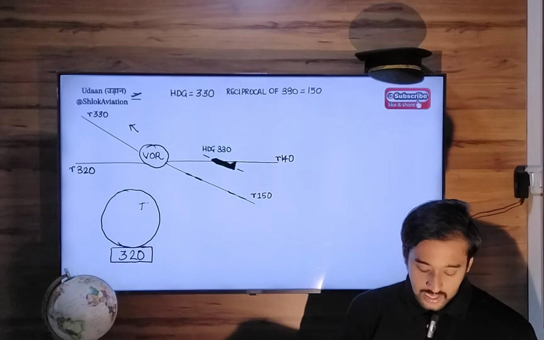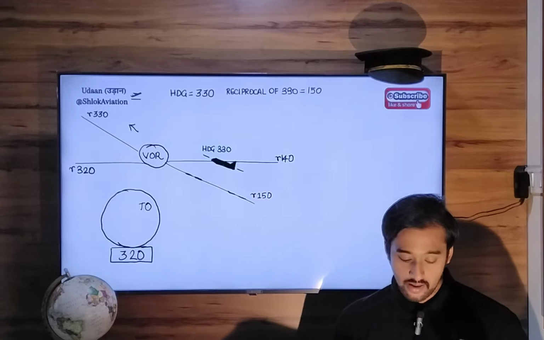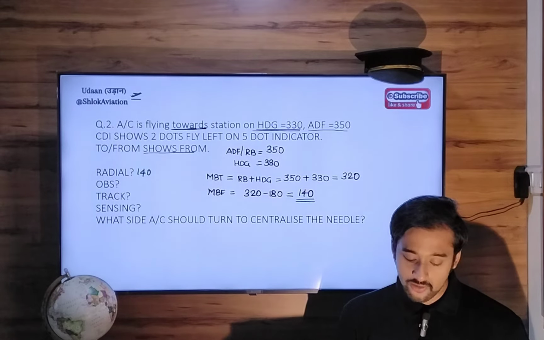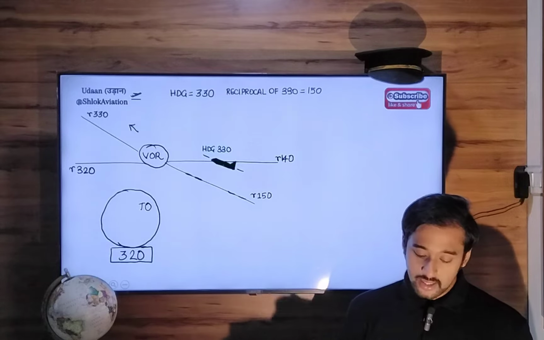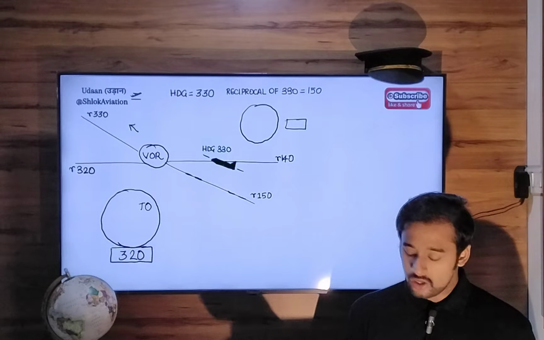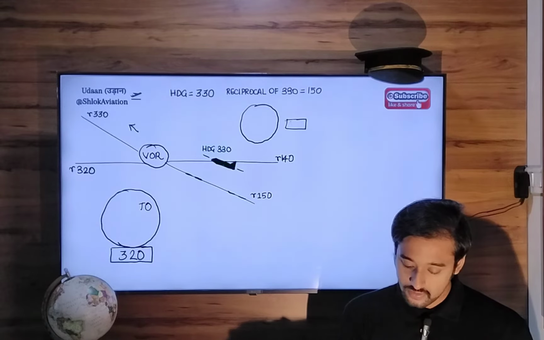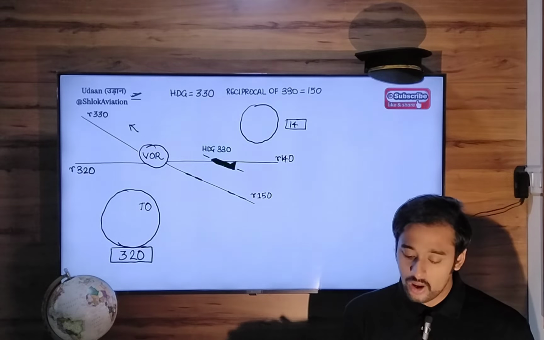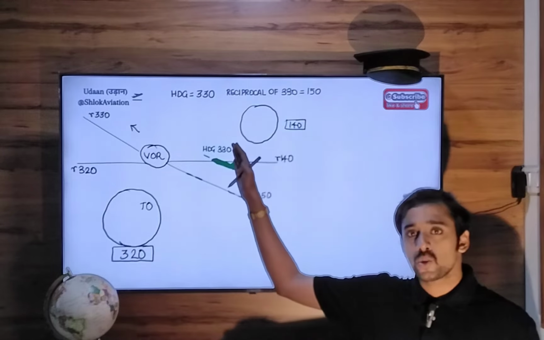The TO/FROM indicator should show you a TO indication. But the question states that the TO/FROM indicator shows a FROM indication. So that means instead of doing this setting, the pilot has done something wrong. He has put in the OBS selector not 320 but 140, or any number other than 320, maybe 150, 120, 130.